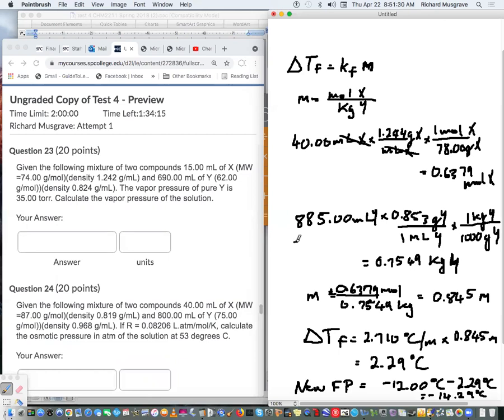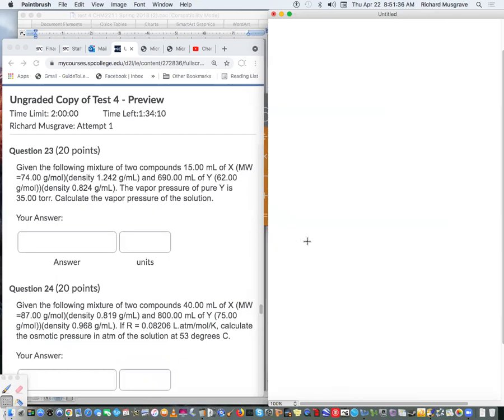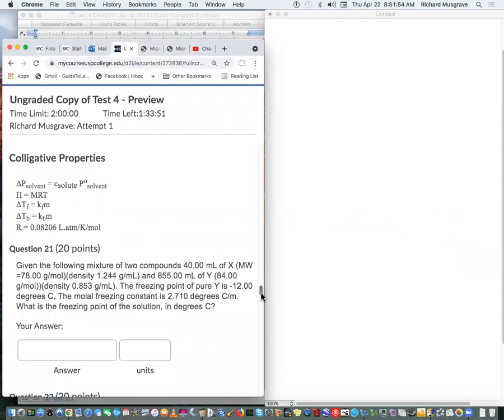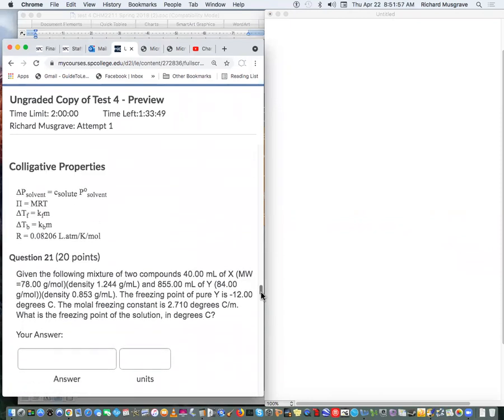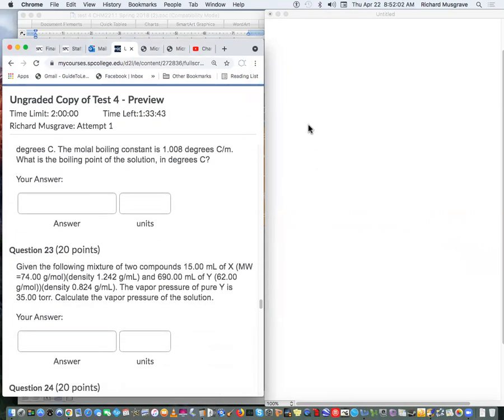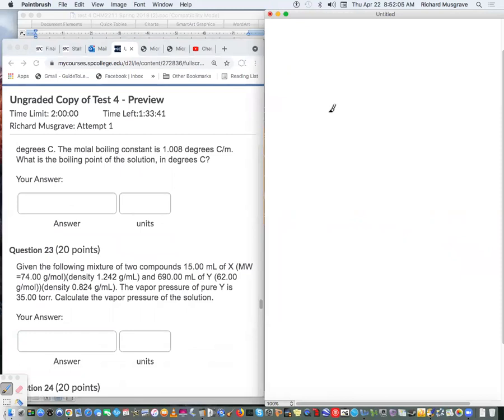Okay, let's have a look at 23 and 24. Now you are given here the formula for this one. There you go. And it's the delta P equals the solvent concentration of solute times P naught of solvent. Now the concentration specifically is the mole fraction. So we're looking for the mole fraction of X here.